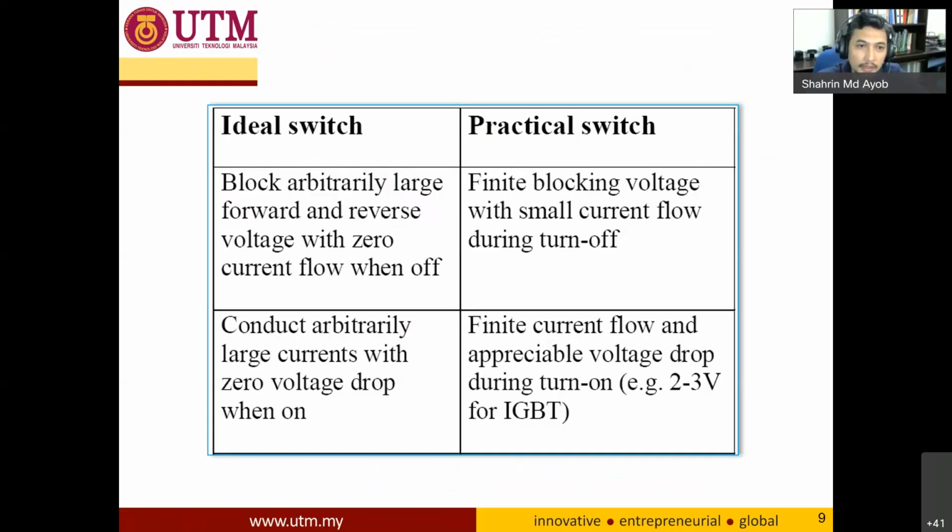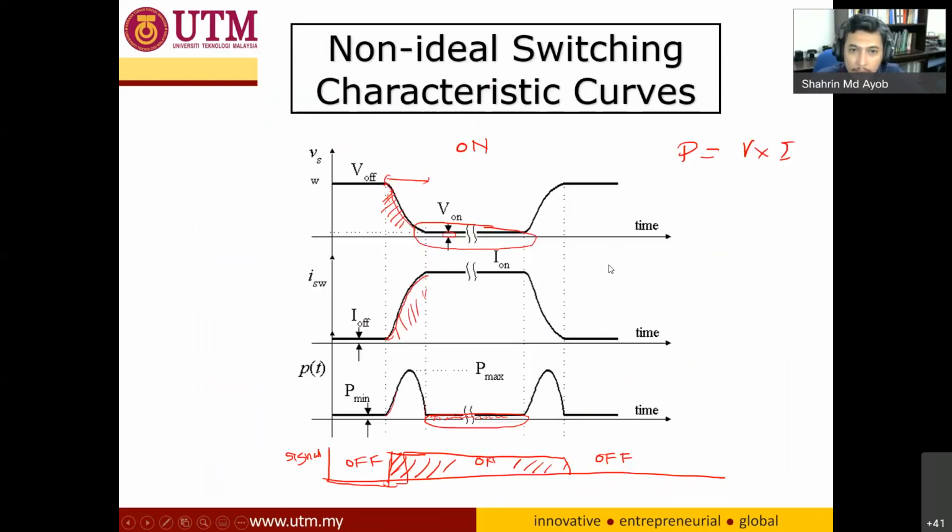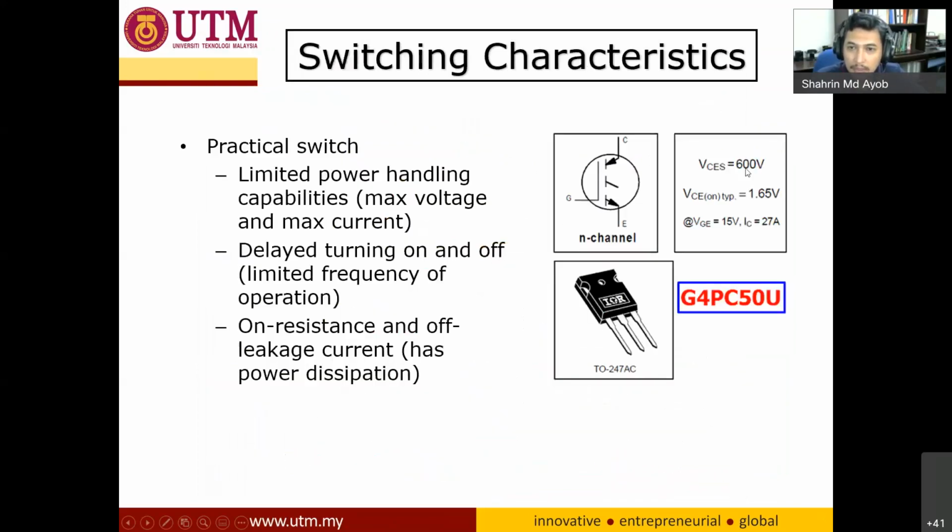So this is the summary of the ideal switch and practical switch. Now I just want to explain a little bit about what this is actually. What is the VCES? What is the VC on?